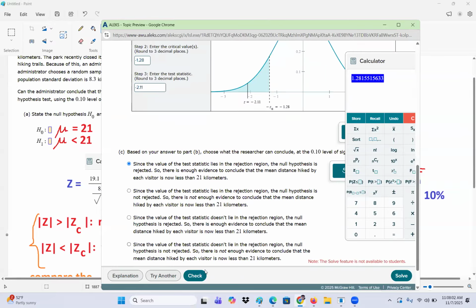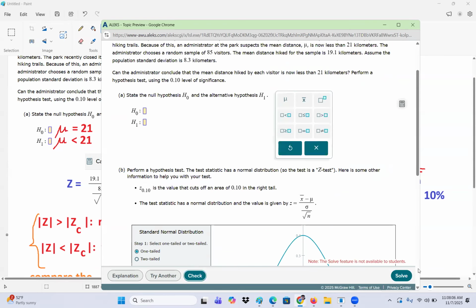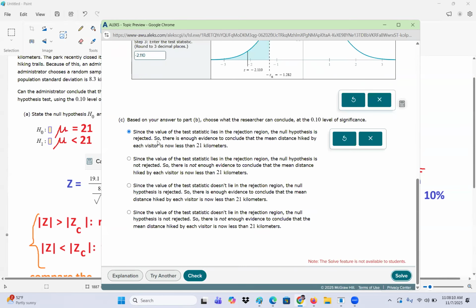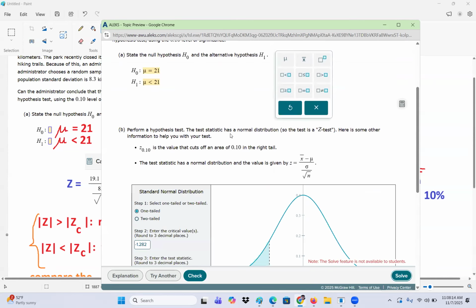So we have enough evidence to say that. Let me just solve it quickly. All right. So every single test is going to be done like this. Okay. And then we're going to come back to it next Tuesday.